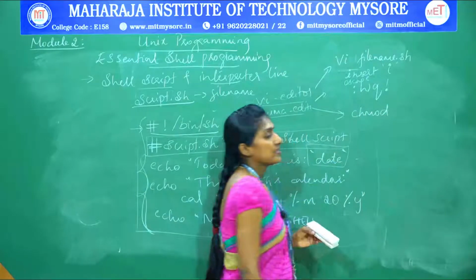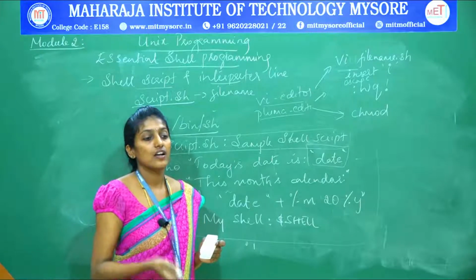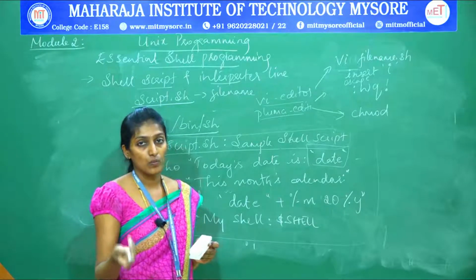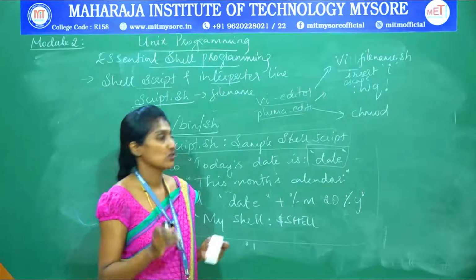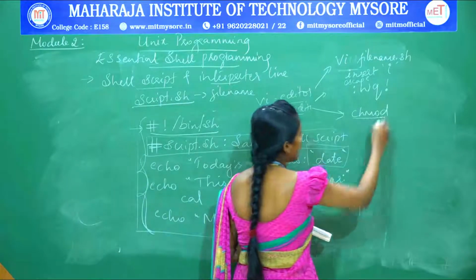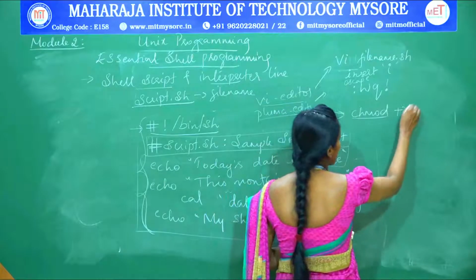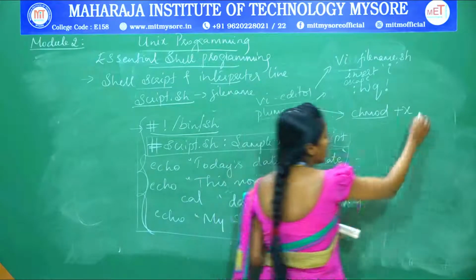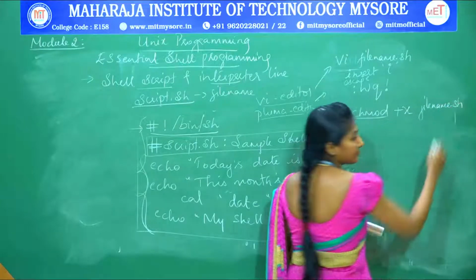usually all the files you create will not be in the executable mode. The permission will not be set for execution. So for that you have to provide the permission by using the change mode command. So chmod +x followed by file name dot sh.